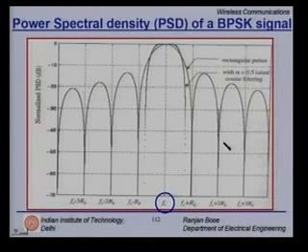So suppose you intercept an unknown signal and plot its power spectral density, and it looks something like this. Possibly this is a BPSK. We will soon see QPSK power spectral density also looks similar, except that these nulls, instead of being at fc plus Rb, fc plus 2Rb, it's more like fc plus Rb by 2.